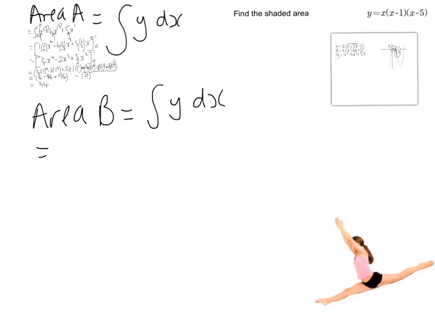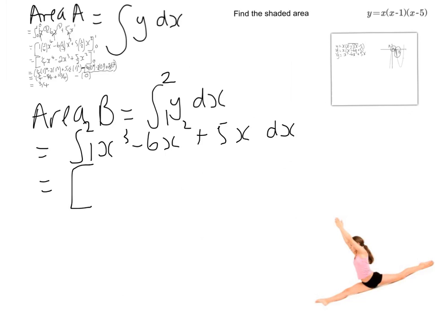So you just double check those. They're between 2 and 1. So in there is a 2 and a 1. So it's the integral of y, which is x cubed minus 6x squared plus 5x, between 2 and 1, integrating with respect to x. Now all I'm doing, gang, is I'm just copying it down because I've already done the integral.